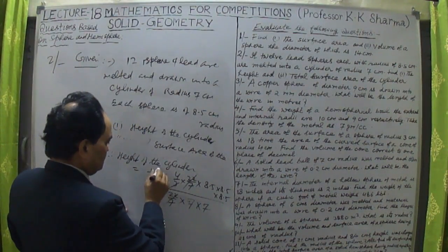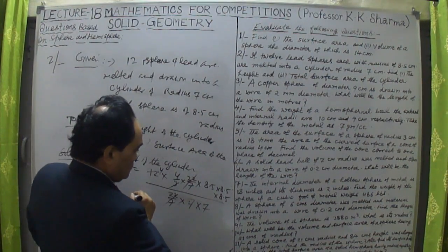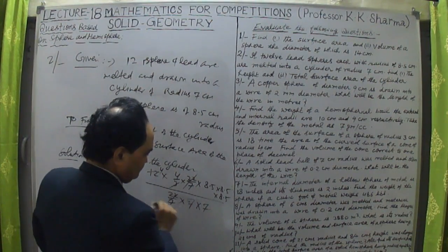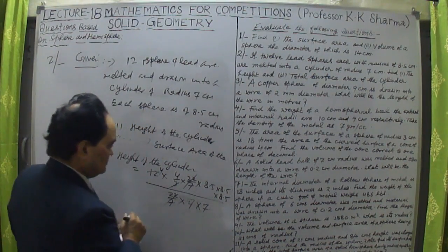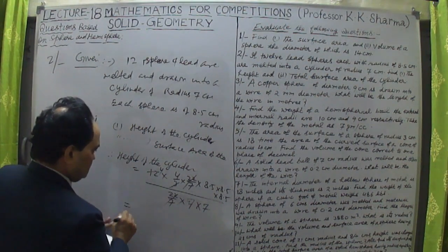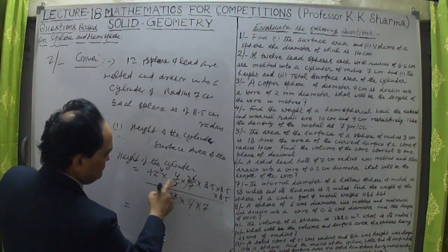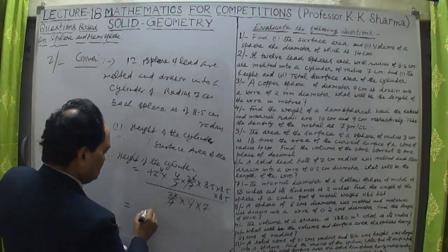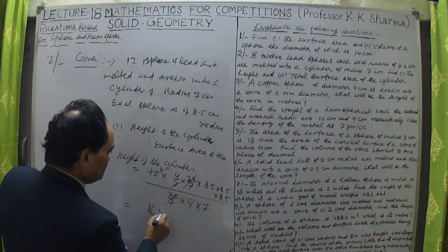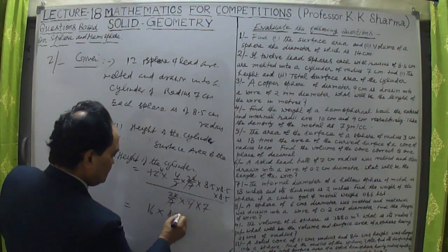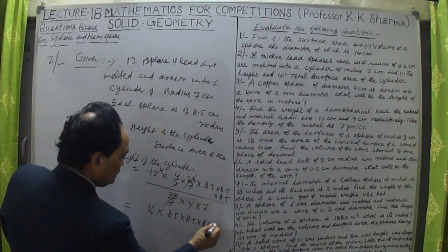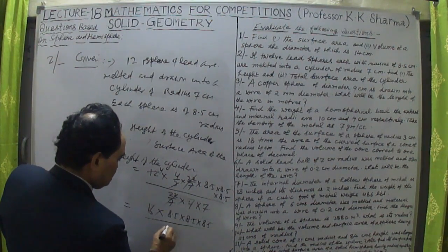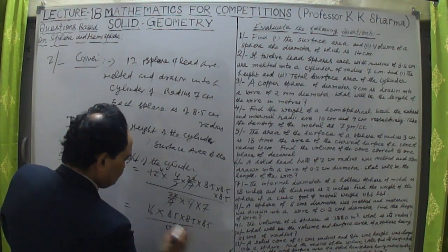3 4s are 12. Okay, now 7, not cancelled out. It's 49 here in the denominator. We are getting here 4 into 4, 16. 16 into 8.5 into 8.5 into 8.5 upon 7 into 7.